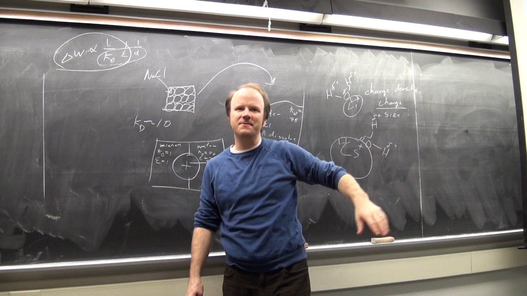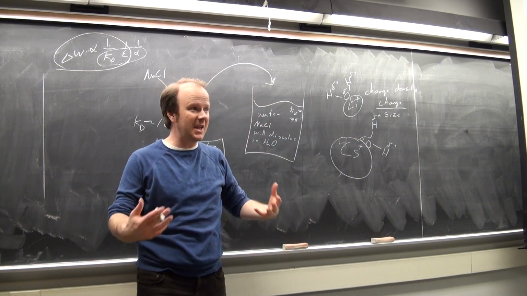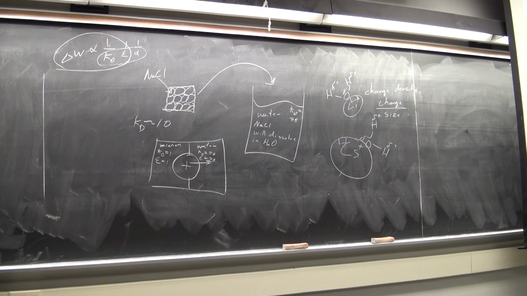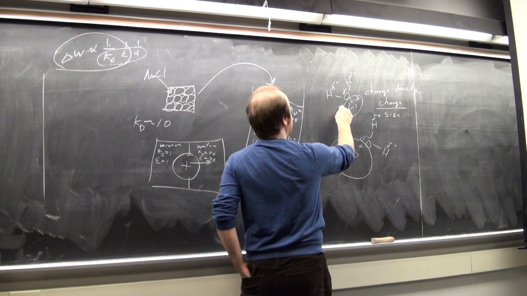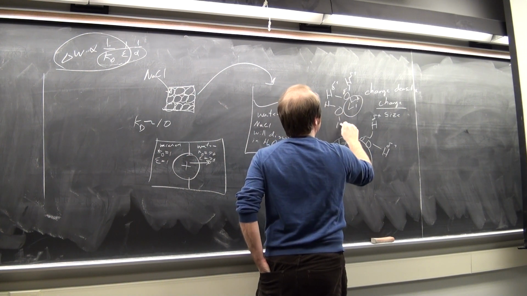Whereas the charge density for cesium is low, and so it's going to carry less water around it, because you don't need as many water dipoles around that ion to screen the charge. If you look at the bare ionic radii, lithium has a bare ionic radius of 0.068 nanometers. Cesium has a bare ionic radius of 0.169 nanometers, right? Just based on the number of electrons. And the hydrated radii are similar, which tells you that there's a lot more water around lithium.